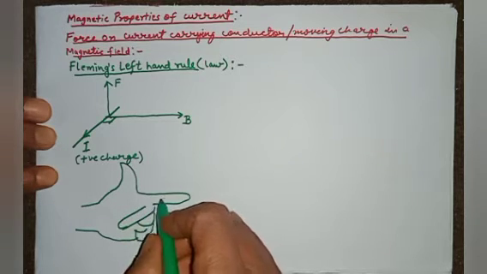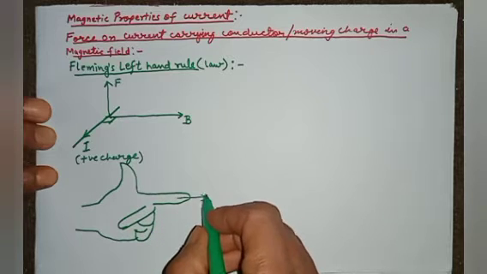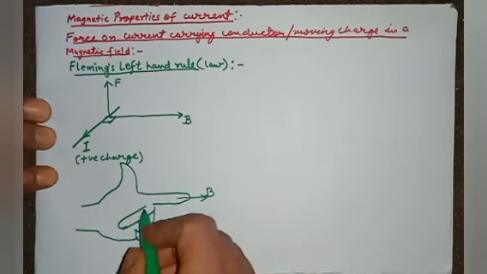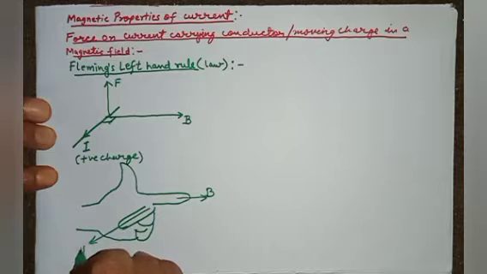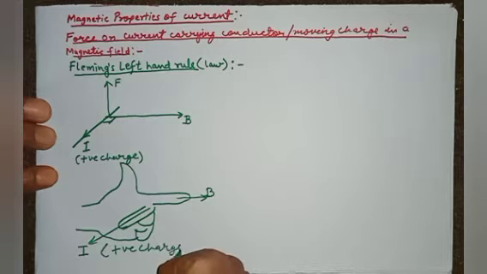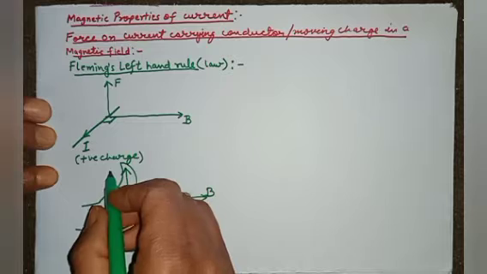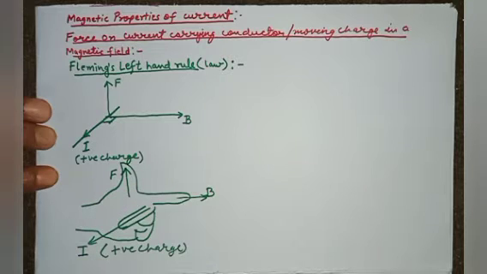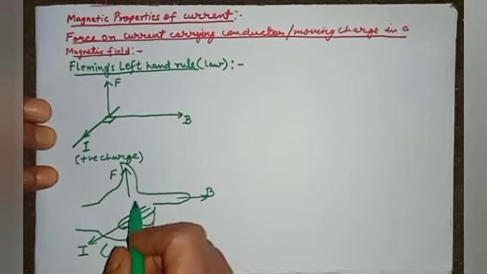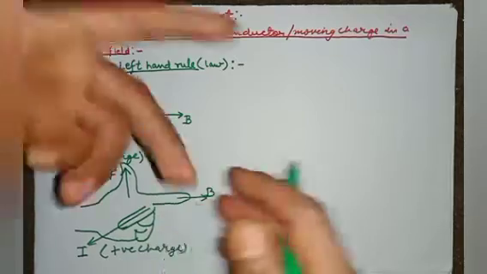So if the index finger points toward the direction of magnetic field, the middle finger points toward the direction of current or motion of positive charge, then the thumb will show the direction of force acting on that conductor or force experienced by that positive charge, like this.